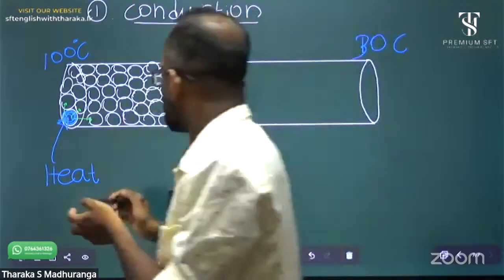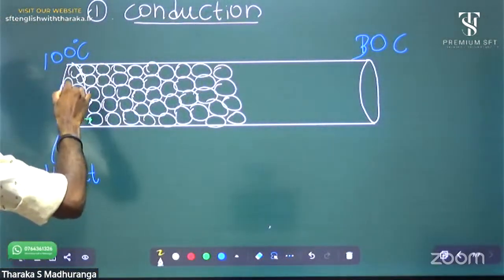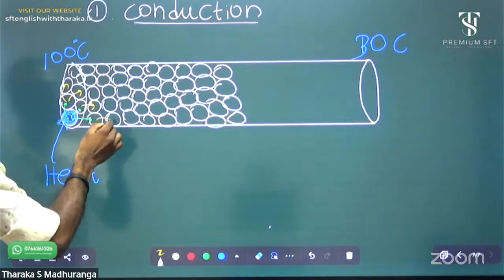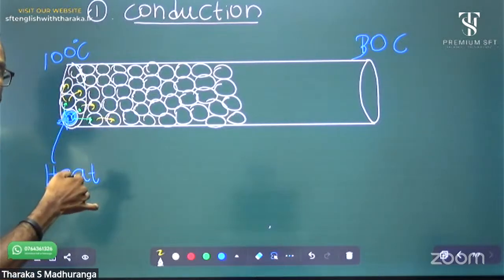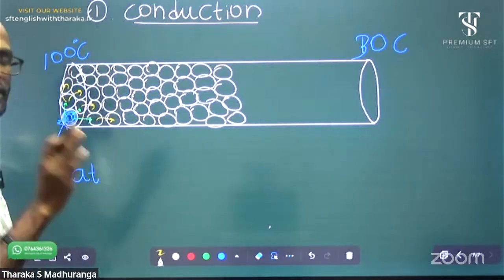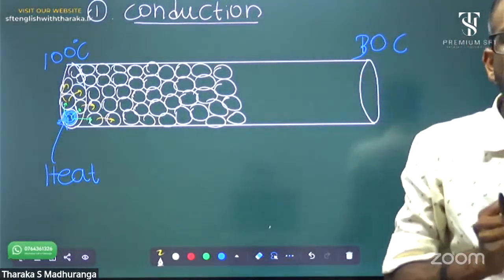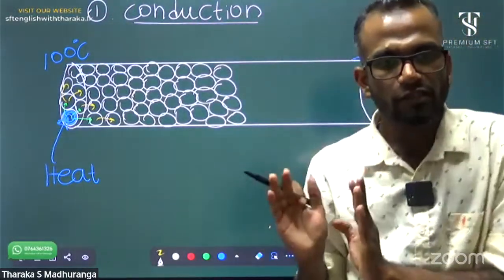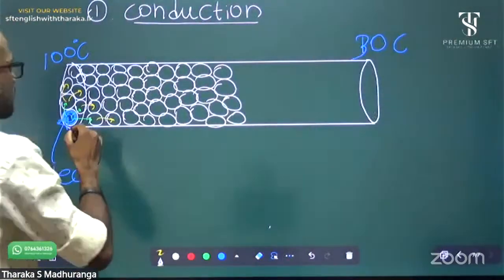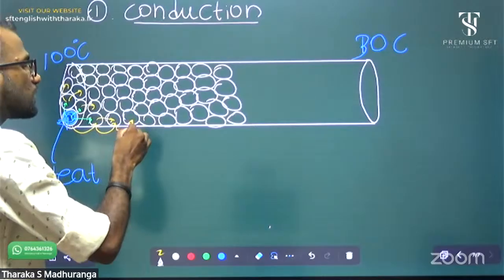Then this molecule again collides with the nearest molecule. Again, molecule to molecule heat transformation process we call conduction. The molecule to molecule heat transformation process from any solid object to any solid object we call conduction.